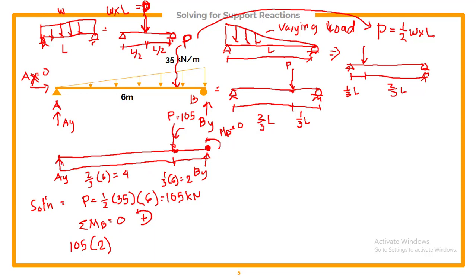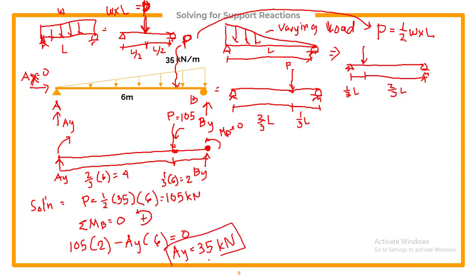Then the forces other than By: Ay is negative since it pushes upward, so its rotation is opposite. The load pushes downward, so its rotation is the same direction. So Ay times the total distance, which is 6, equals 0. Therefore Ay is equal to 35 kilonewton. This is the value of Ay.